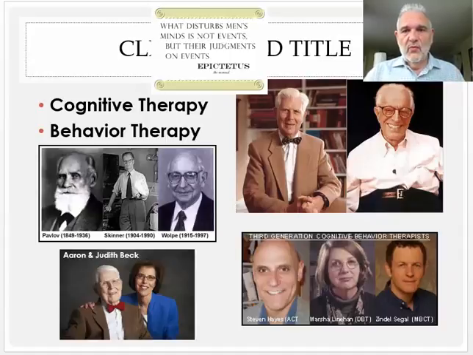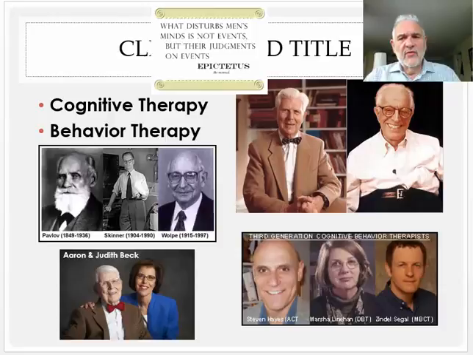The next we move to is to look at cognitive therapy, behavior therapy, cognitive behavior therapy. We look at such individuals as Pavlov, who dealt with dogs, I believe it was, the saliva kind of thing, then Skinner, Wolpe. Certainly Beck and Ellis were contemporaries in terms of this approach. Beck's approach, as you see down below, he and his daughter, Judith Beck, is brilliant. I've attended some workshops that she's presented at national conferences.